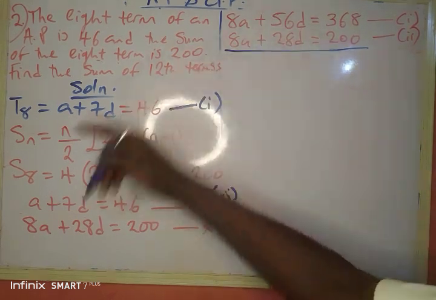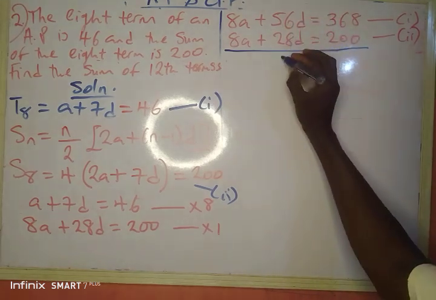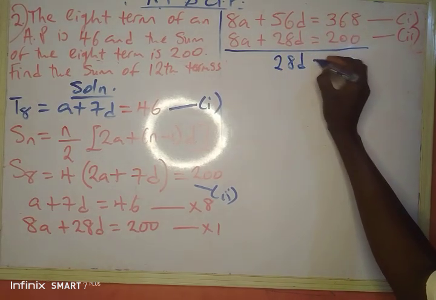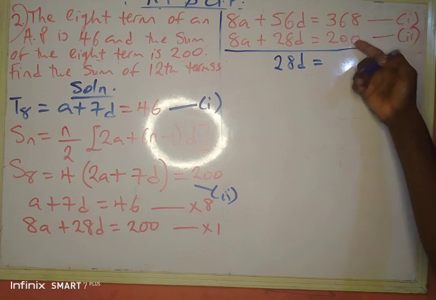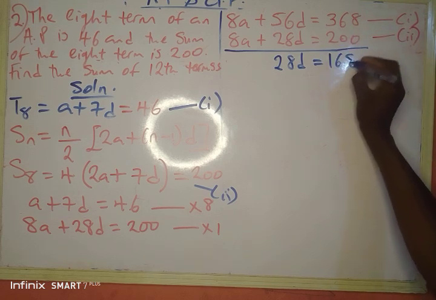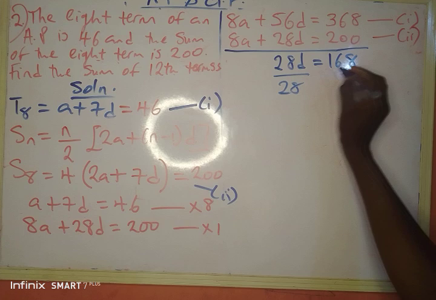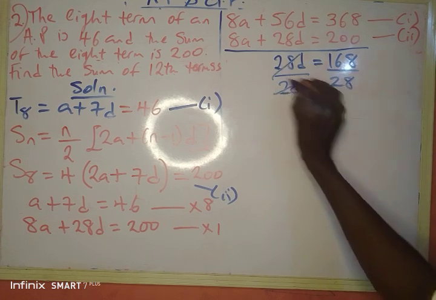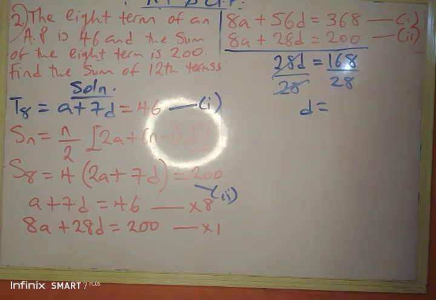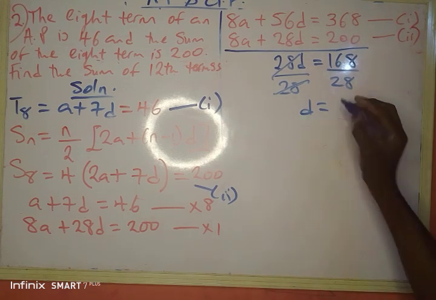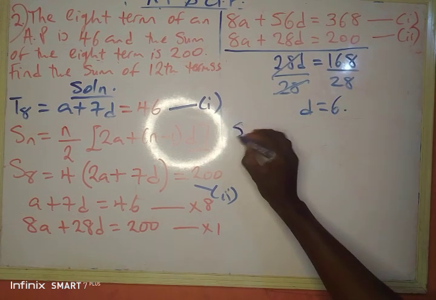So 8a minus 8a is 0. 56 minus 28 is 28d, equals 368 minus 200, that's 168. So d equals 168 divided by 28, and that's 6. That means my common difference is 6.